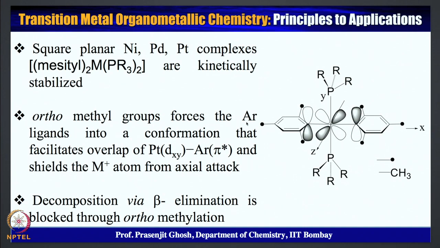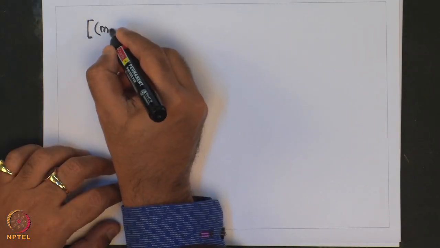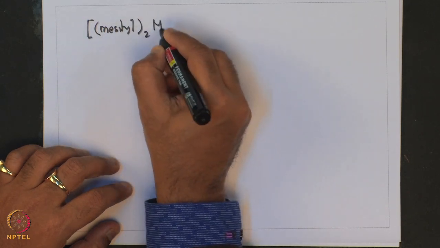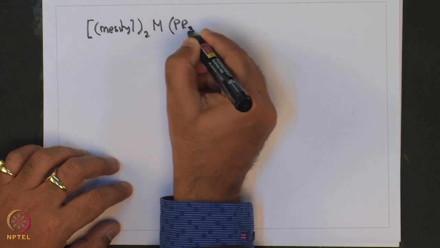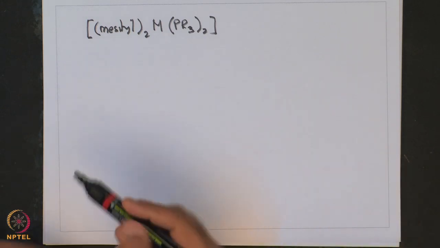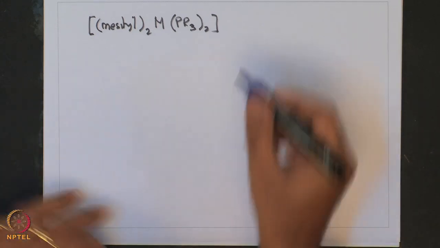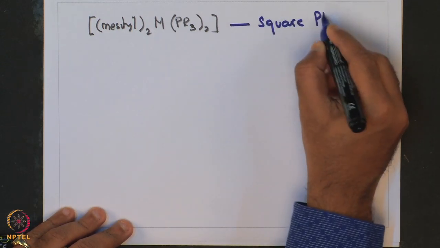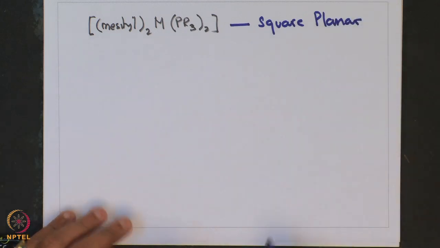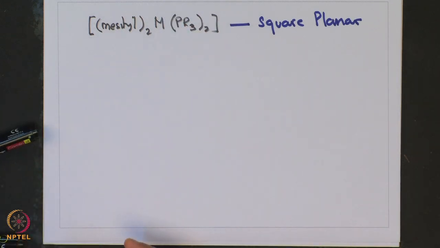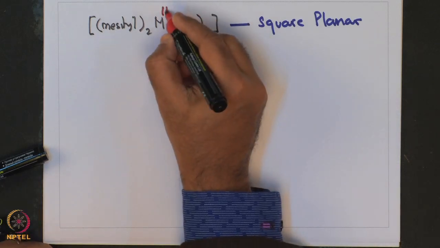So, for example, for bis mesityl, this is a square planar complex and here the metal center is in plus 2.